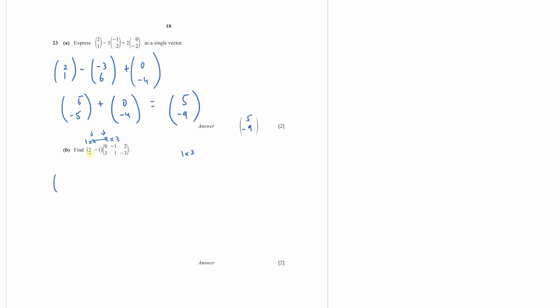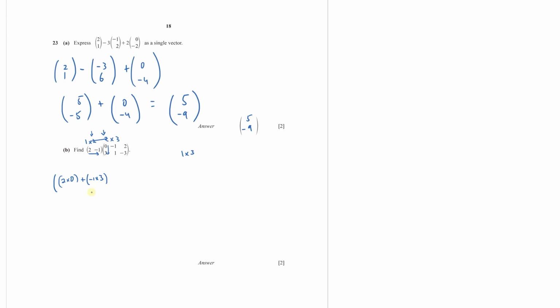So let's start. You have to multiply this row by this column. First element multiplied by the first element, and then the second element multiplied by the second element, then you add them together. So this is 2 times 0 plus minus 1 times 3.